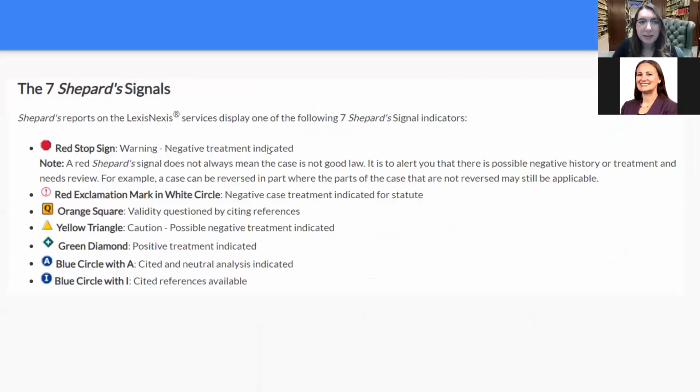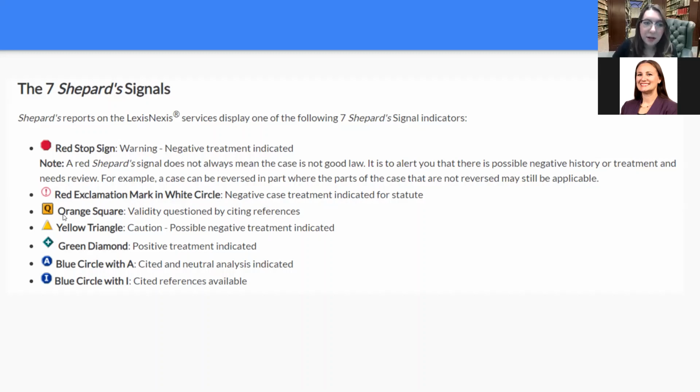Going over the 7 Shepard's signals on Lexis, there's the red stop sign, which means negative treatment indicated. It doesn't always mean that it's not good law, but it is negative history, and we want to avoid that generally. There's the red exclamation mark, which means negative case treatment is indicated for the statute.